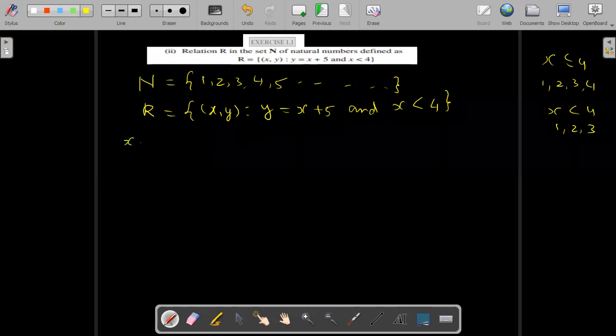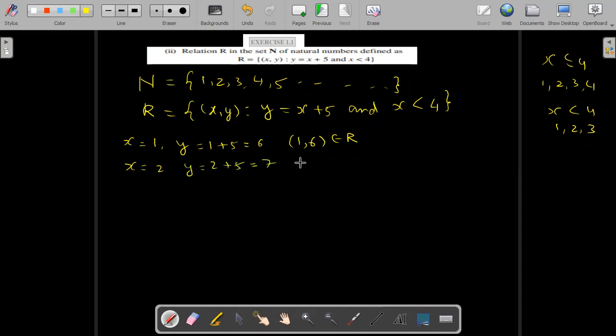When you take x is equal to 1, y will be equal to 1 plus 5, that is 6. So we got (1, 6), both are natural numbers. So (1, 6) belongs to R. Similarly, x is equal to 2, then y is equal to 2 plus 5, that is 7.